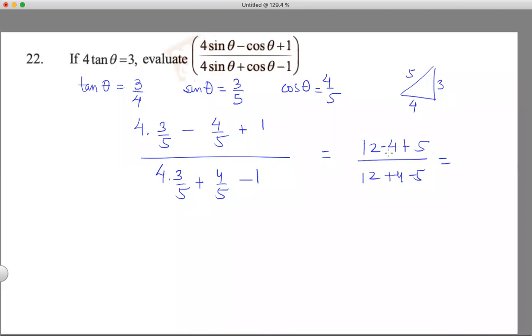See, sorry, this is 13 by 11. You are getting 13 by 11, others also. Anyone who's not getting 13 by 11?